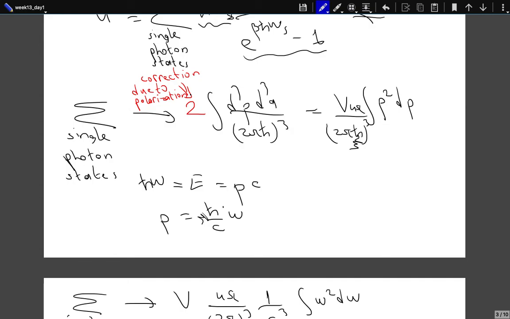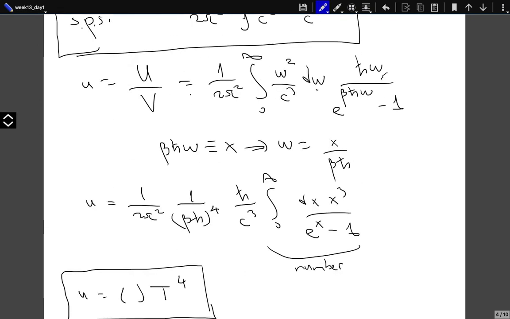If I have 2 photons at the same point with the same momentum, they can still be different due to their polarization. A photon over here can be polarized in this direction or in this direction. Or in fact, any other superposition can be written in terms of these 2 polarizations. That's why I need to add that 2, just like the spin of the electron.